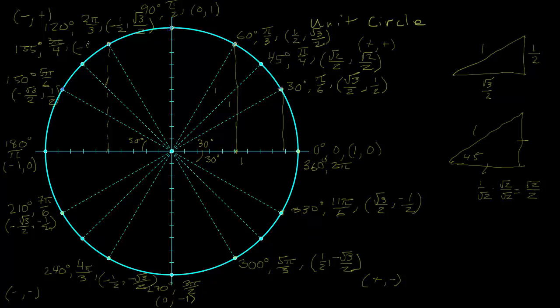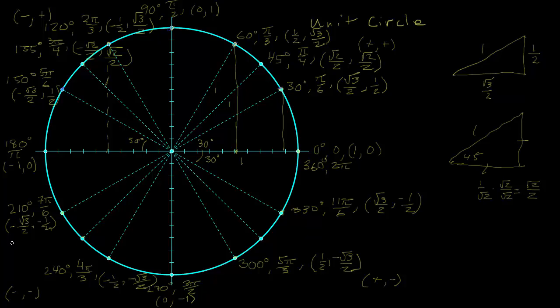Coordinates are negative root 2 over 2, root 2 over 2, running out of room, negative, positive.